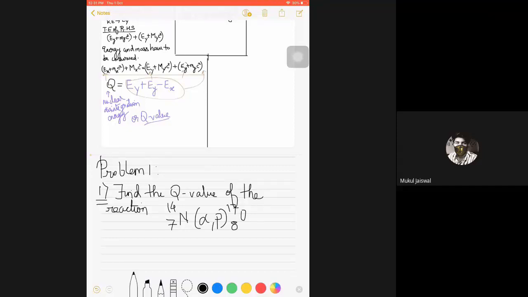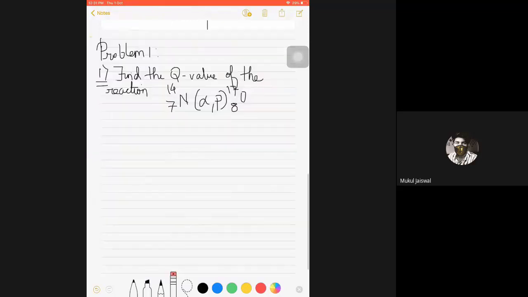It is given to you that the mass of the alpha particle comes out to be 4.00263 atomic mass units, AMU.